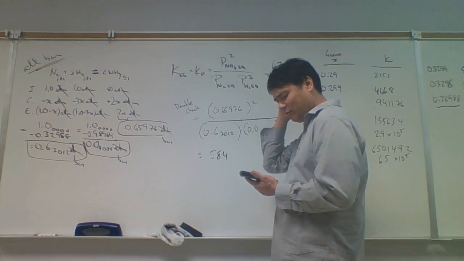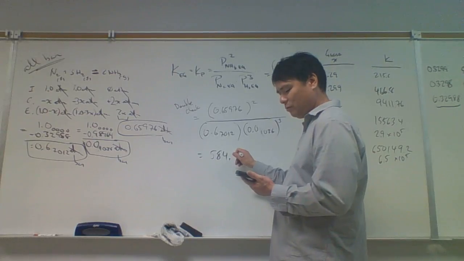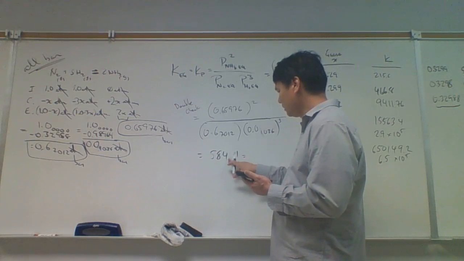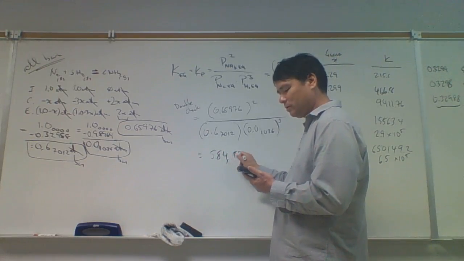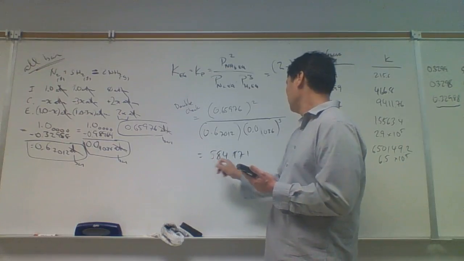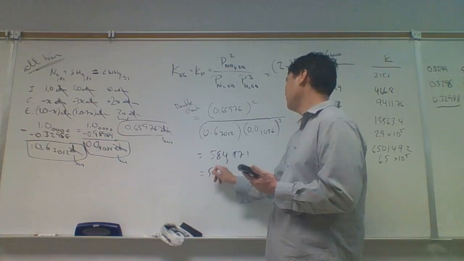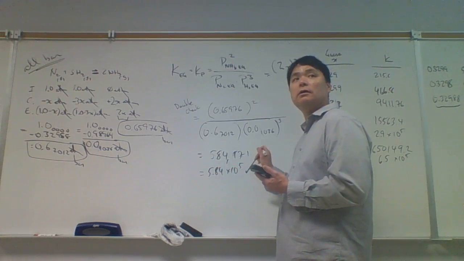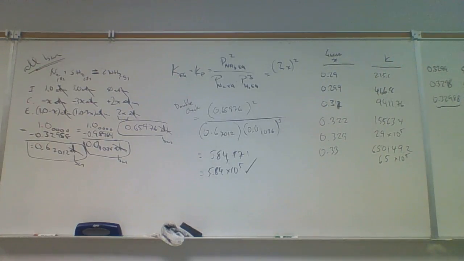Yeah, 584. 584,171. That's 5.84 times 10 to the 5th. It's good. Okay, so we're good. So the double check is good.